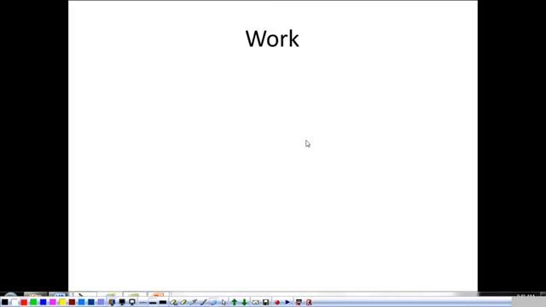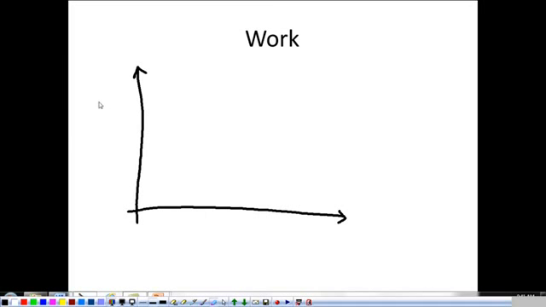Now, the last thing we said we were going to talk about was graphs. So, let's draw our axes. And let's say that this one is force as measured in newtons, and this one is position as measured in meters.